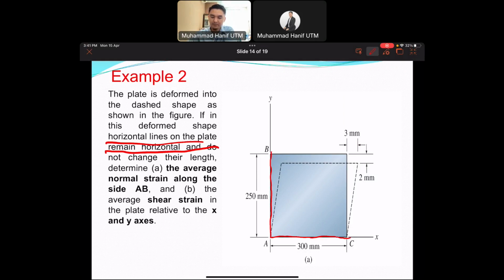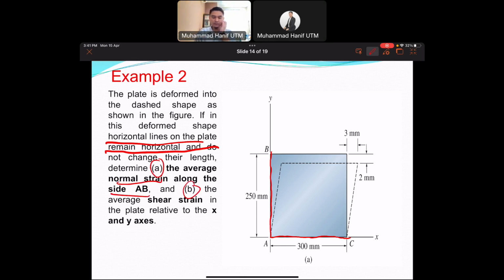So the AC line will remain as it is. In this case, what you have to do is calculate the average normal strain along the side AB. It is similar to example one previously. Average normal strain, the change in length of side AB.